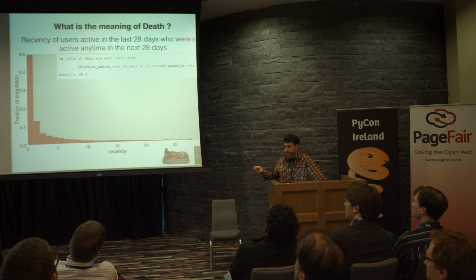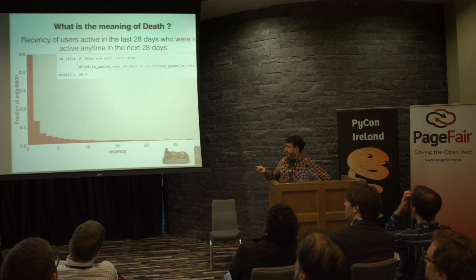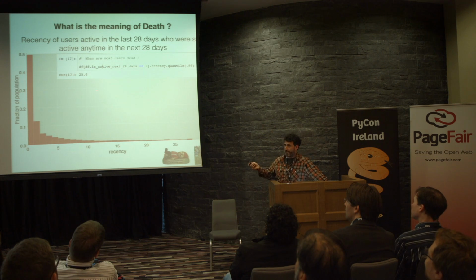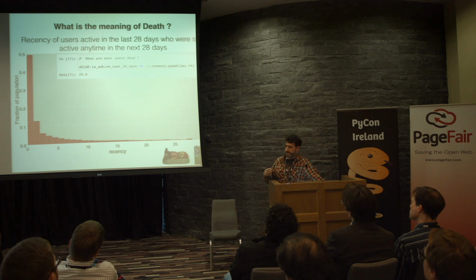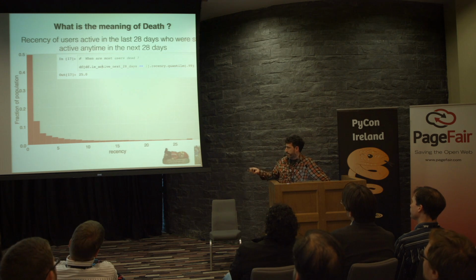So that might be, for this app, a good definition of death for a user, of churn. In fact, we are looking at a lot of different apps, and for games in particular, it tends to be a good bit less. It tends to be around 14 days. If a user has been absent for 14 days, then pretty likely they're gone.